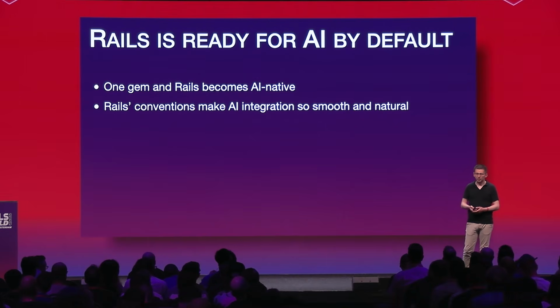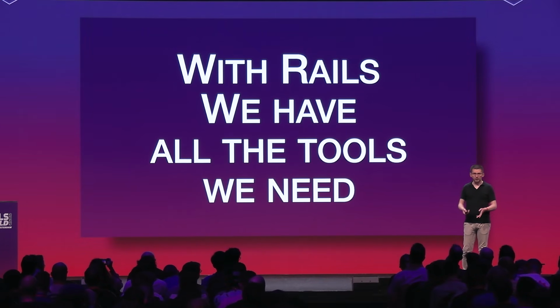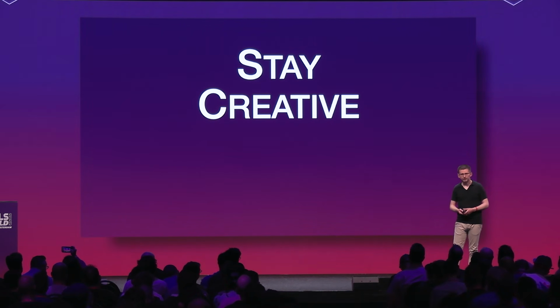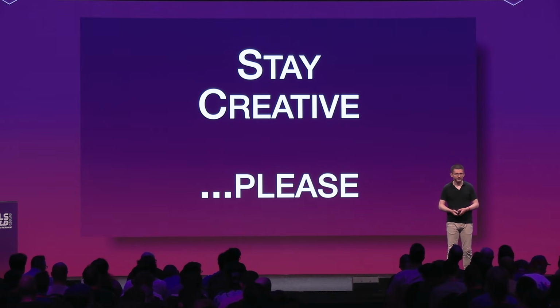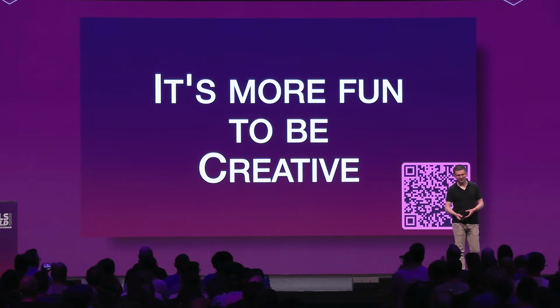And no matter whether it's MCP or any other protocol, just with a bit of creativity, you can put it in Rails and make it as easy as you've just seen. Because with Rails, we have all the tools that we need. Just stay creative, please. It's more fun to be creative. Thank you.